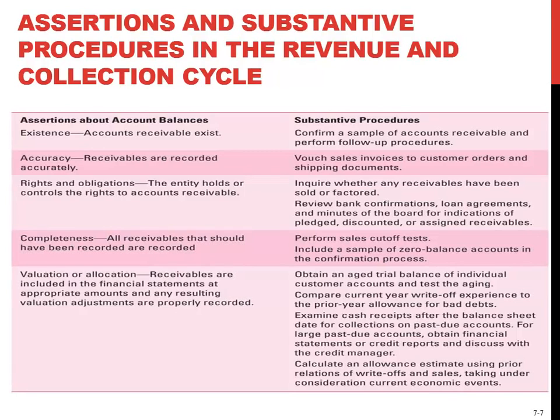Because remember, you're confirming as of 12/31 if that's the company's year end. You're looking at the accounts receivable balance as of year end. So if you're coming in a couple of months, 3 months after year end, the likelihood is that that accounts receivable should have been collected, right?